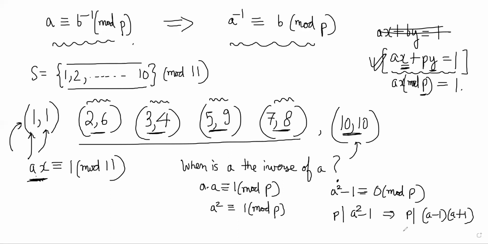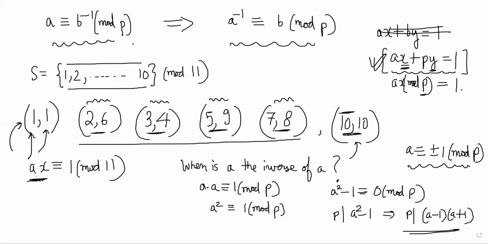Which means A should be plus minus 1 mod P. So notice that 1 is 1 mod 11 and 10 is minus 1 mod 11.